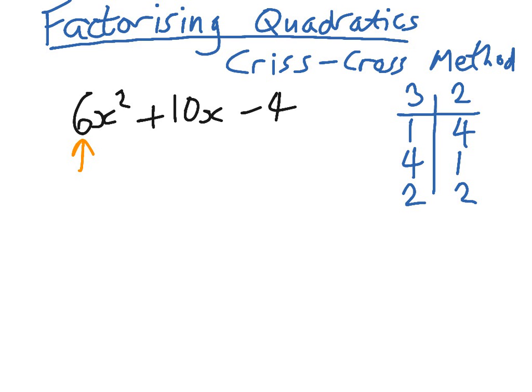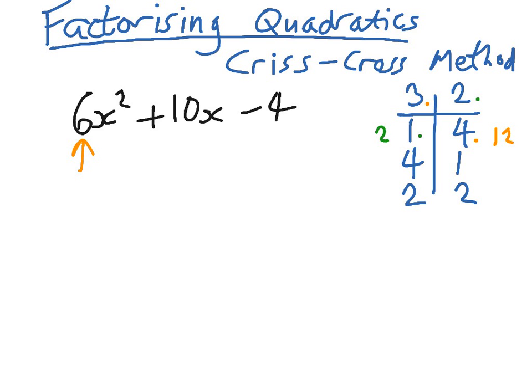Now, the reason this is called a crisscross method is because we're going to be multiplying across. So we have the 3 here, we're going to multiply by the 4, and that is 12, and we're going to have the 2 multiplied by the 1 to give us 2.